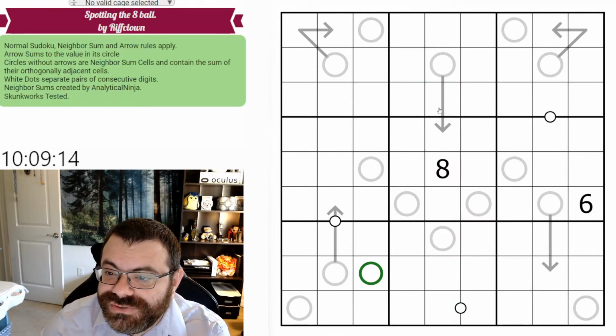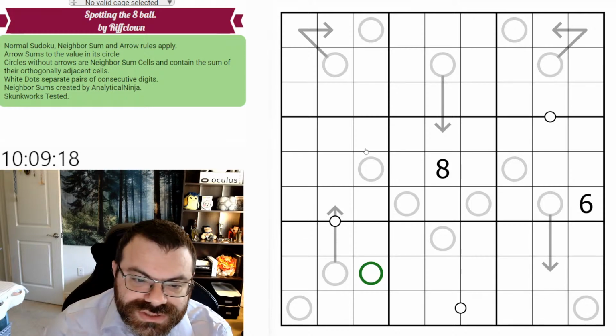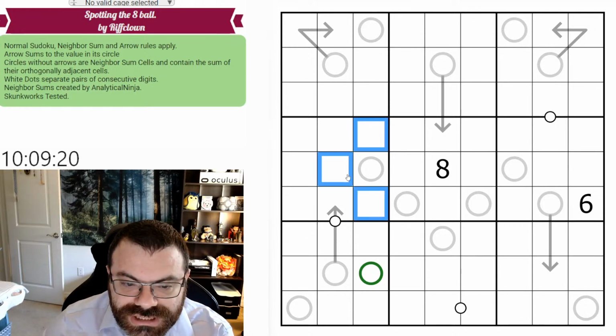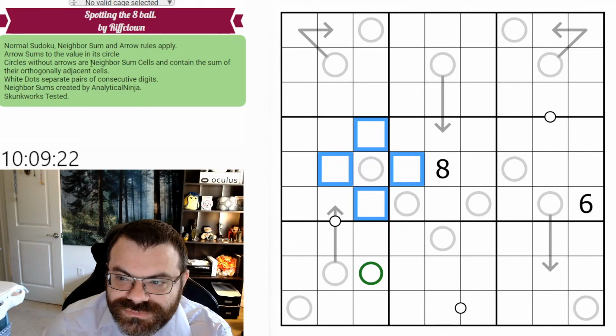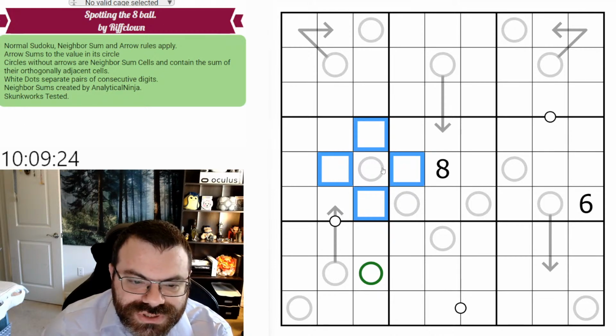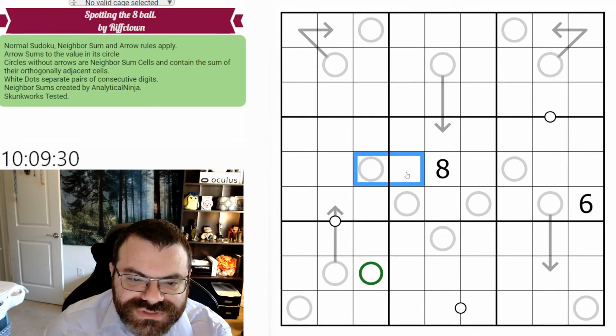Circles without arrows are neighbor sum cells and contain the sum of their orthogonally adjacent cells. So we've done this before. Now that I read the description, if it's a circle without an arrow, then you take the orthogonally adjacent cells. Orthogonally adjacent is just a fancy way of saying two cells that share a long edge. So not two cells that share a corner or two cells that don't share anything, but two cells that share a long edge.